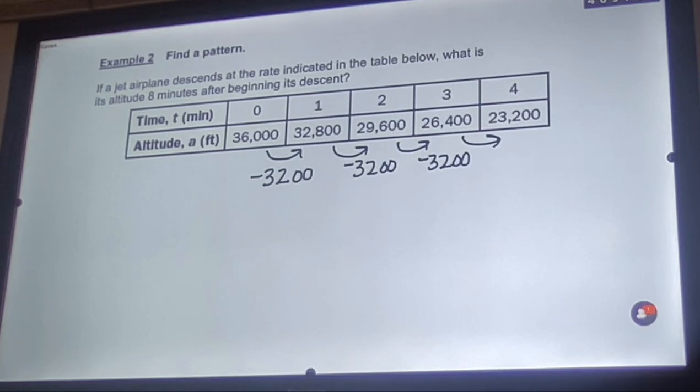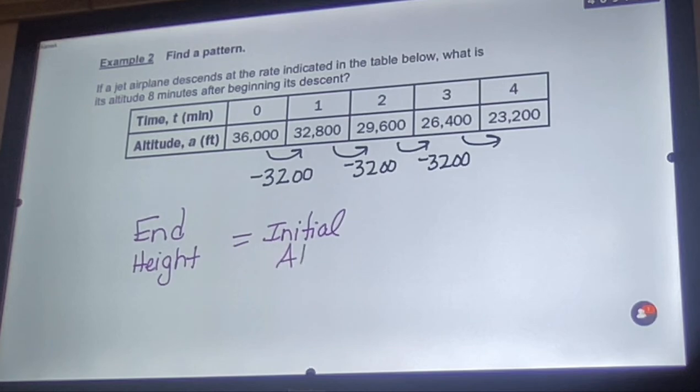And to write our equation, I'm going to write a little verbal model. So our end height equals the initial, and I'm going to use that word, altitude. And then it's going to either be a plus or a minus, and that's going to depend on, am I taking off or am I landing?